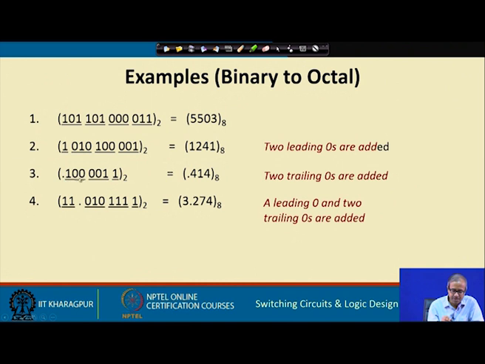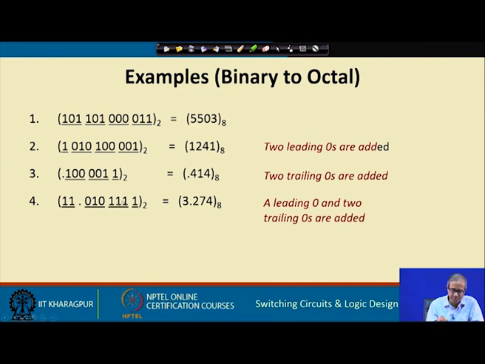Take a number, meaning a pure fraction. For a pure fraction you scan from left to right. So 100 is 4, 001 is 1, then you have a single 1. You will have to add 2 zeros, it makes 100, which is 4.